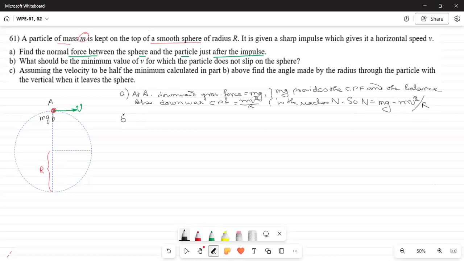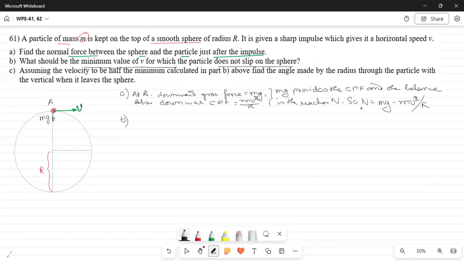Let's go to the second part. What should be the minimum value of v so that the particle does not slip from the sphere? Now, this velocity v that we have applied, you can make it a small velocity, you can make it a big velocity, but what should be the velocity so the particle does not slip? Does not slip, then mg will be equal to m v square by r.